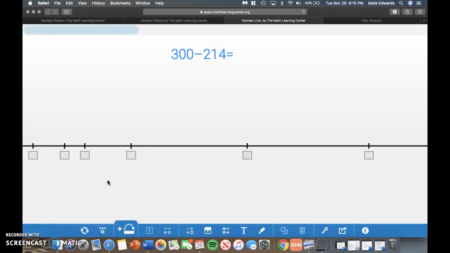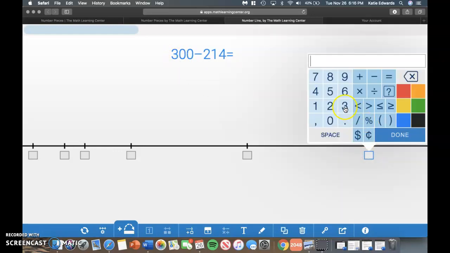Next up, we have third grade. Third grade students may use compensation with a number line to solve subtraction problems, and this is what it may look like. So first, they would start out by creating their number line, knowing that this farthest number would be 300.